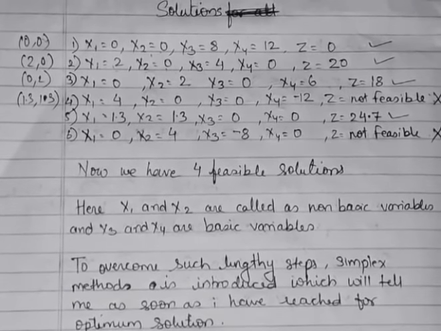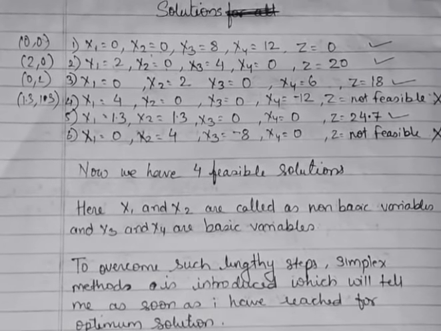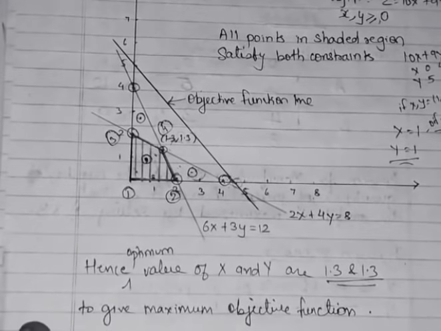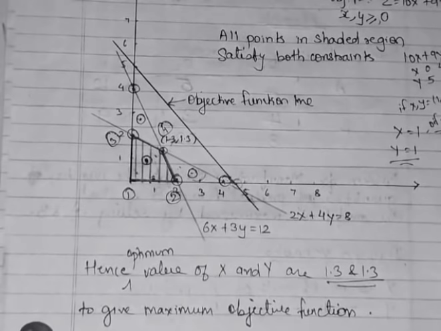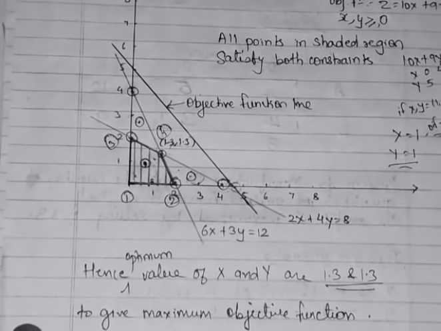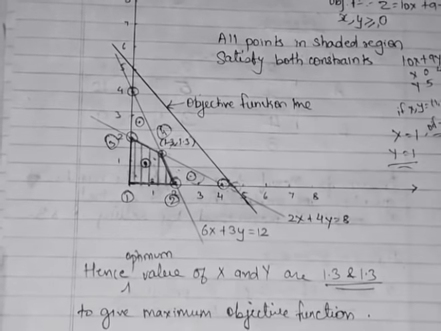Apart from that, what is the difference between the graphical and the simplex algebraic method? See, the graphical method has the limitation that it can solve only equations which have two variables, right? Like in this case x and y.